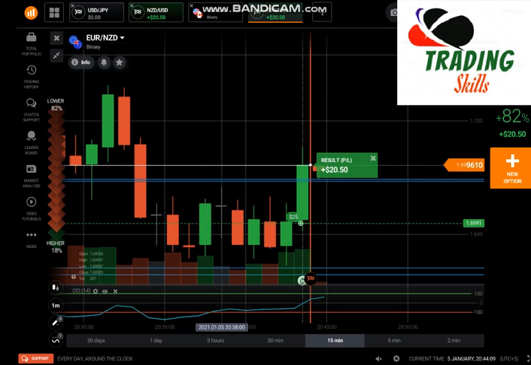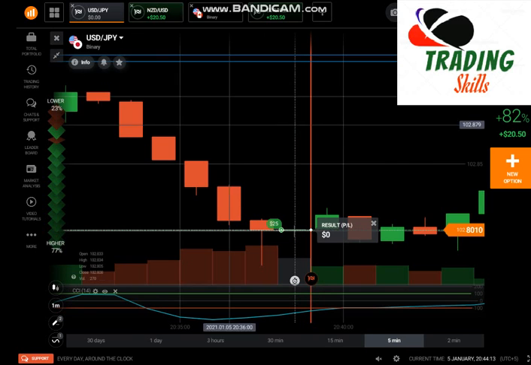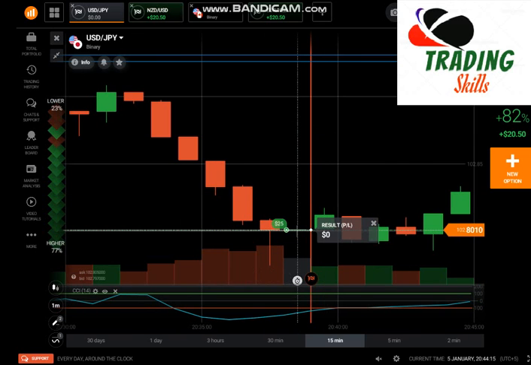So if you analyze the market like this, you will always win your trades. Now you can see here, as I told you, from this point to this point momentum was strong, but when momentum became weak I took my trade in an up direction, and you can see the next candle went up, or I got a doji candlestick, so I won my trade.